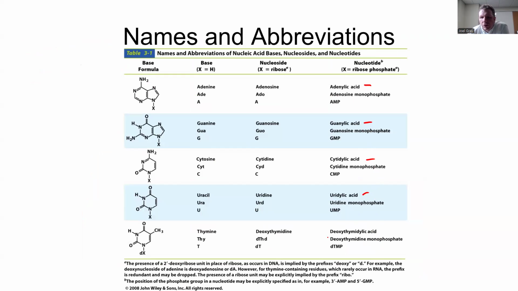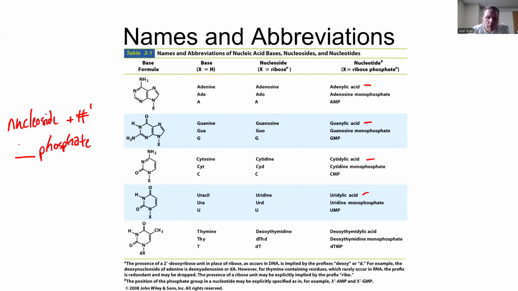The more common convention that you're going to see is the nucleoside plus the primed number. So I'm just going to say number prime, and then mono, di, or tri phosphate, because that gives you a lot of information.